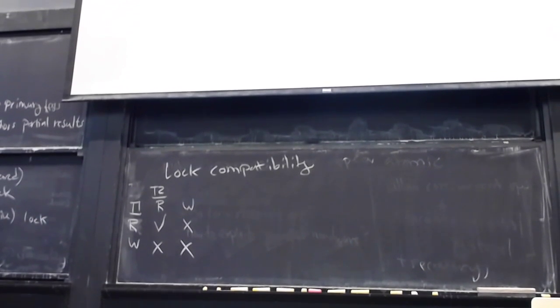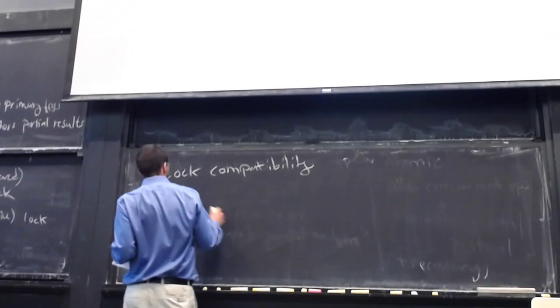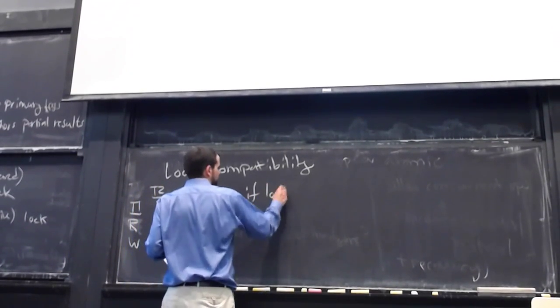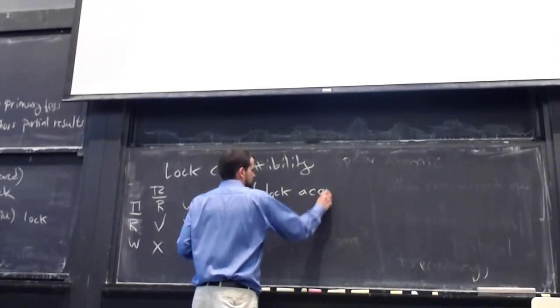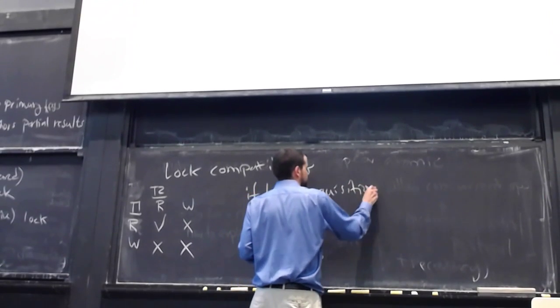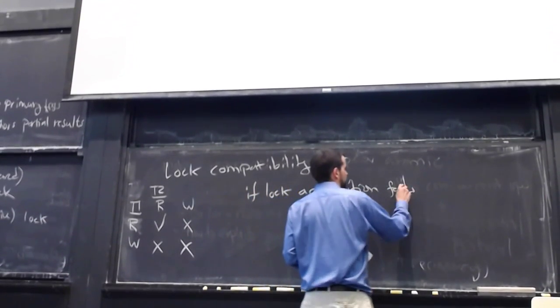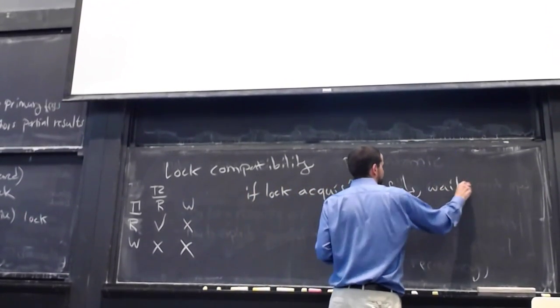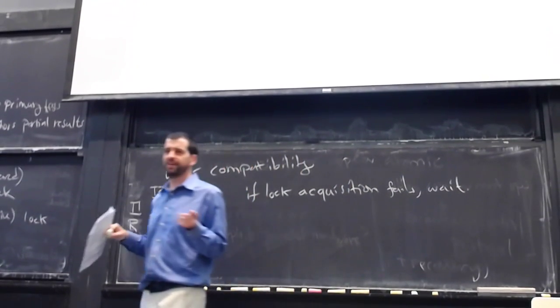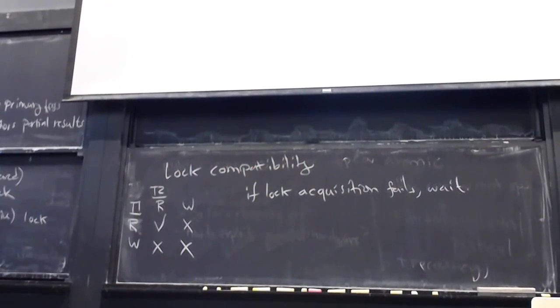And when I say not permitted, if lock acquisition fails, then we wait, just like in a conventional mutex-based locking protocol. You try to get it, you can't get it, you wait until the lock is free.